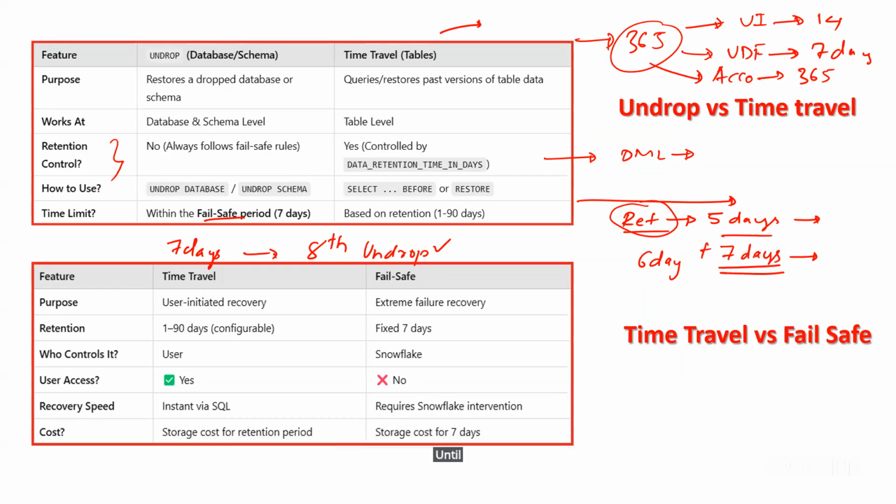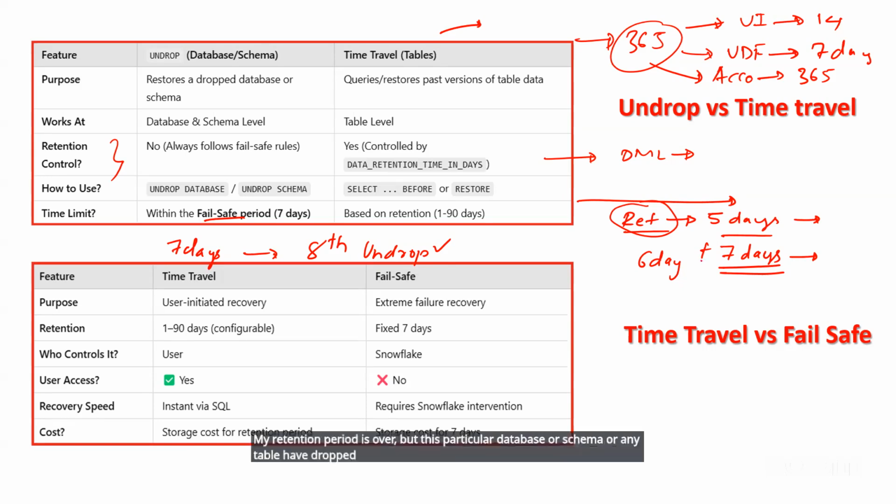Until the 7 days are over, you can reach out to Snowflake and say, my retention period is over, but this database or schema or table has been dropped, or I have made certain changes that should not have been made. Can we recover that back? At that time, you need to reach out to Snowflake and raise a support ticket. You need to work with Snowflake for up to 7 days.